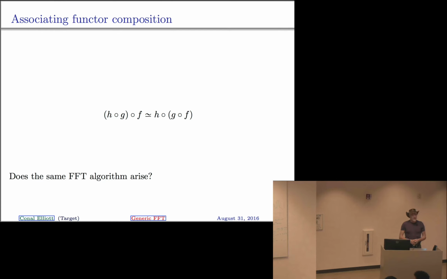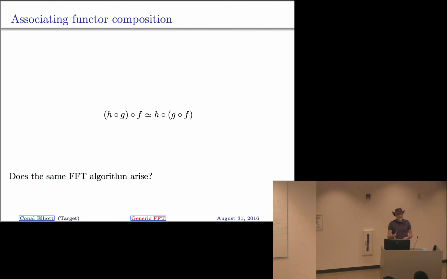All right. So I've suggested using functor composition, but there's a question about associativity. Okay. So multiplication is associative, addition is associative. It doesn't matter whether you add on the left first or on the right first. What about functor composition? Well, you'd hope it would be associative.